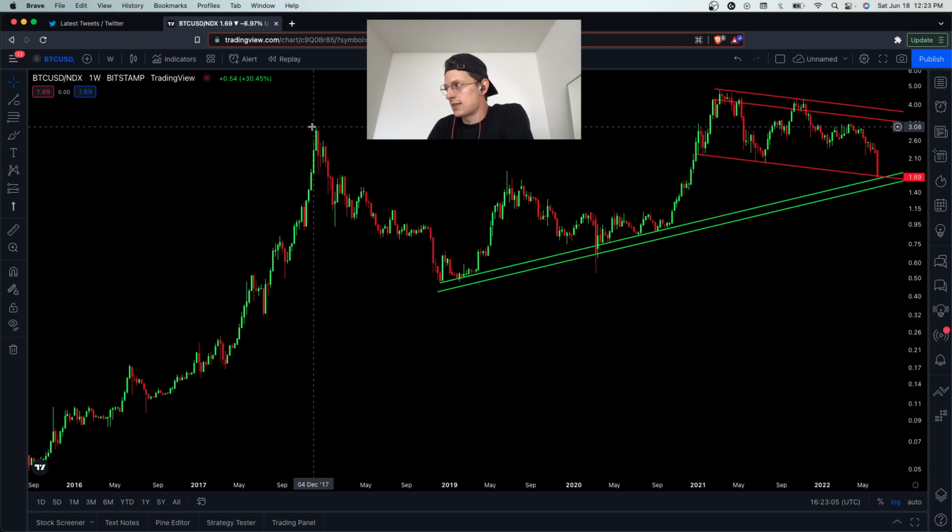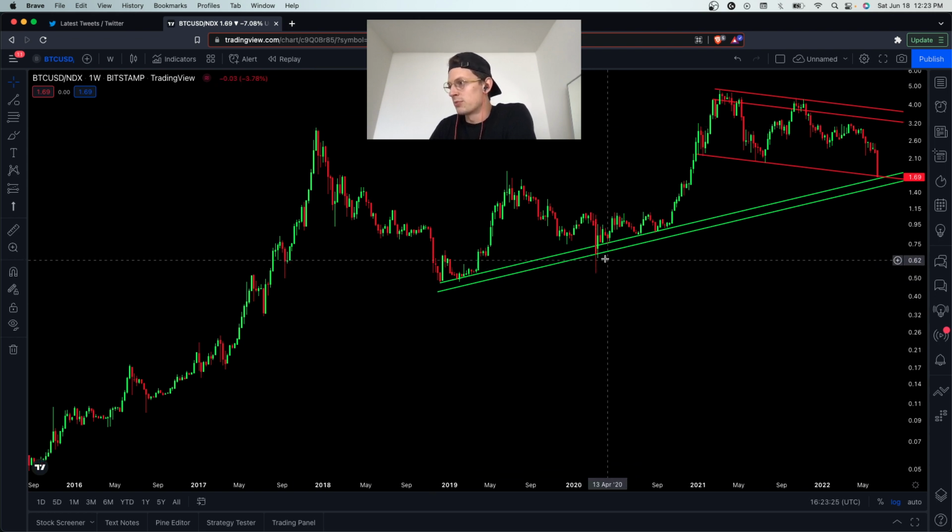The interesting thing that I'm seeing here on this chart is not only are we retesting the lower bound of that red support channel, but we are coming into a multi-year support trend line shown by the green support levels. And so history has shown us since the end of 2018 that this has generally been a strong level of support.